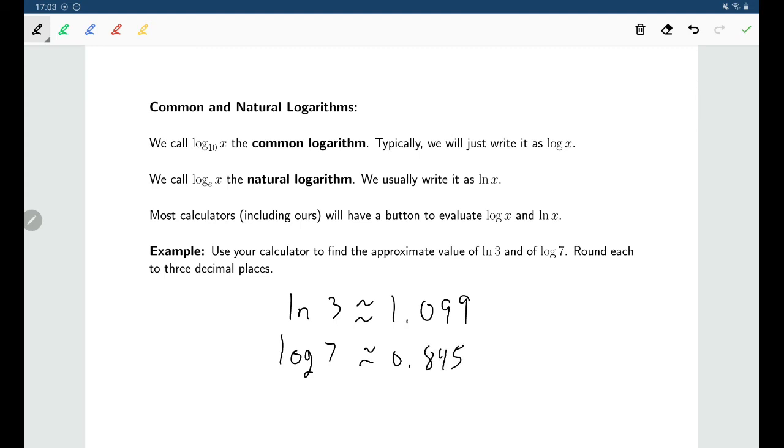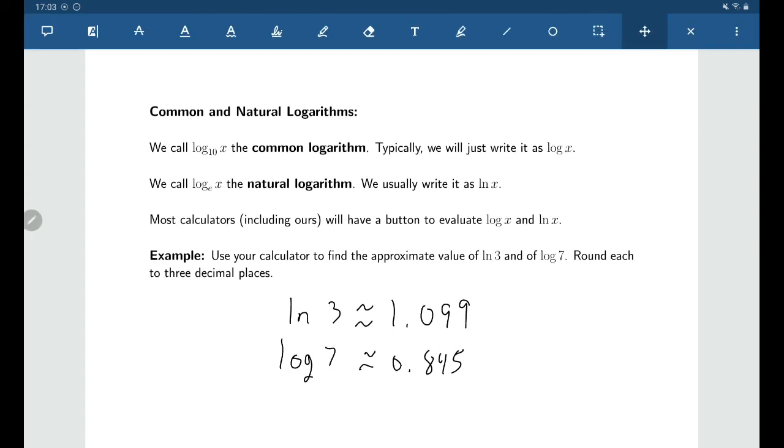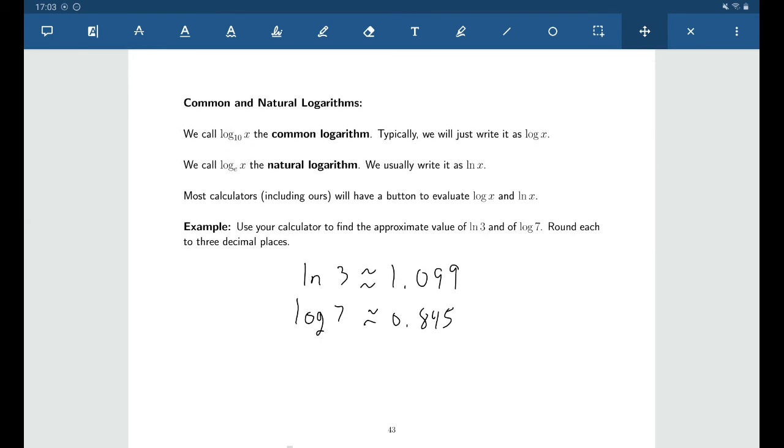So we can come up with approximate values for natural logarithms and for common logarithms. We'll see that there's a way for us later on to come up with approximate values for any logarithm with any base. But for now, we have those two that we can find approximate values for if we need them.